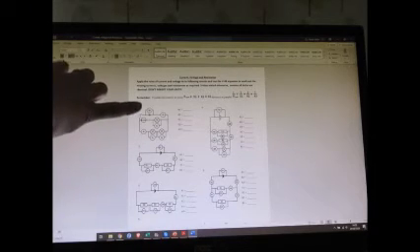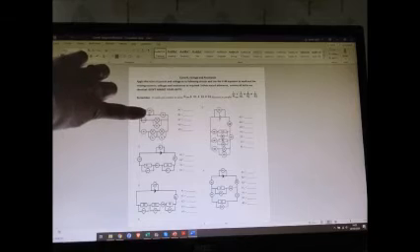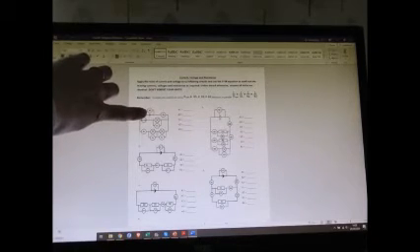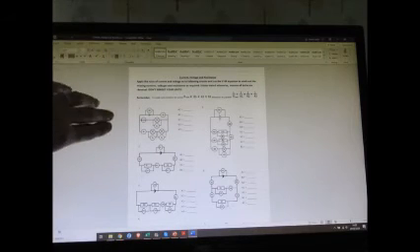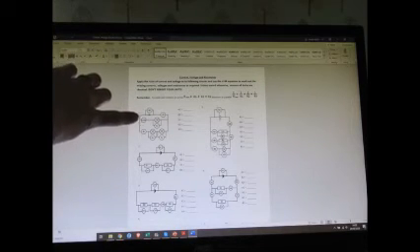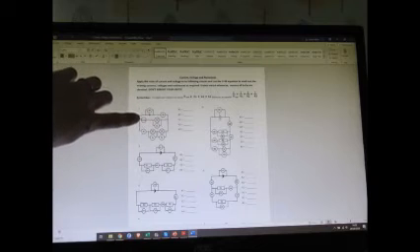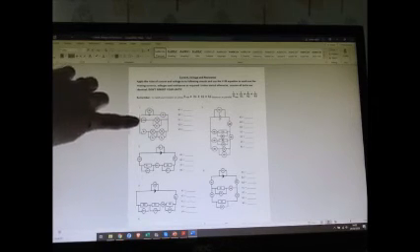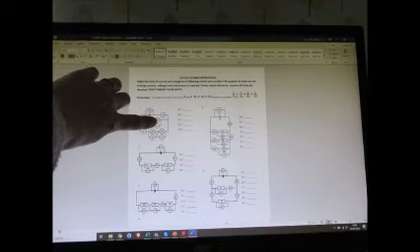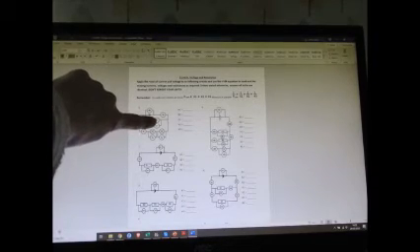Now I know straight away that my voltage across the battery or across the power pack is 3 volts. Okay, now because I know about parallel circuits, I know that each branch will take exactly the same voltage as the battery. So in that case, this branch here, this bulb, is using 3 volts.